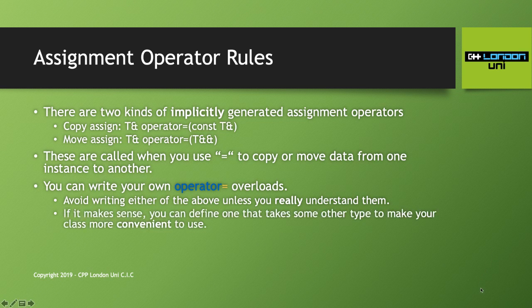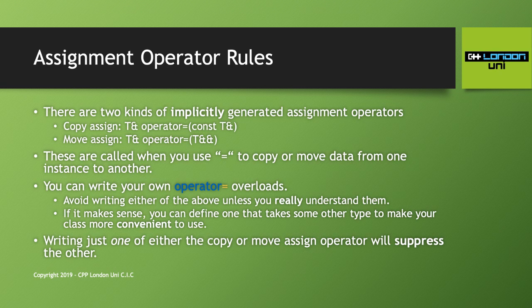So if it does make sense, you can define an operator overload that takes some other type just to make your class more convenient for people to use. For example, with std::string, you can use equals and give it some characters that you've just written in your code. That's an operator overload. They did that in the standard library because that's convenient to use.